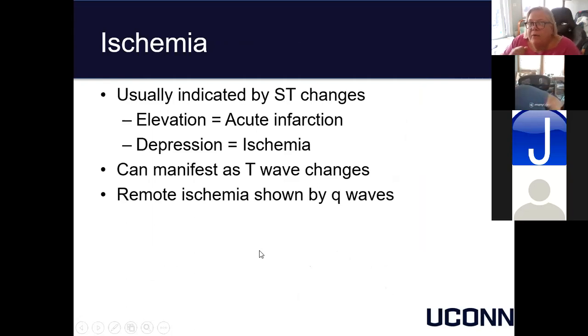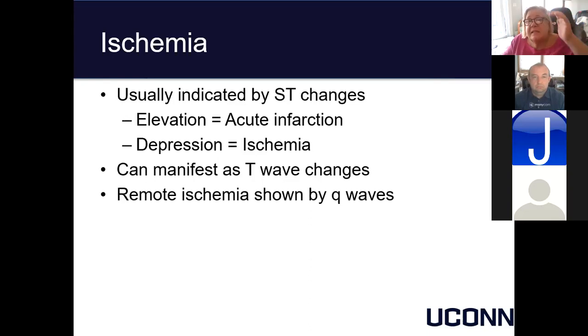What we know about ischemia, which is shown by ST segment changes and T wave changes, is that ischemia is a mismatch between how much oxygen is needed in the myocardium and how much is available. So ischemia shows up as ST changes or T wave changes.